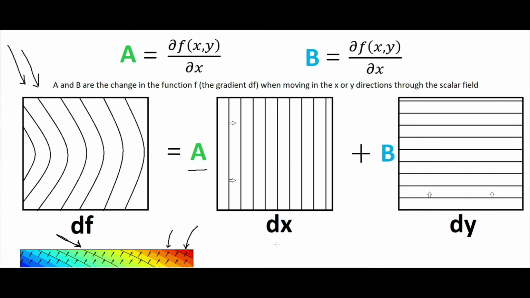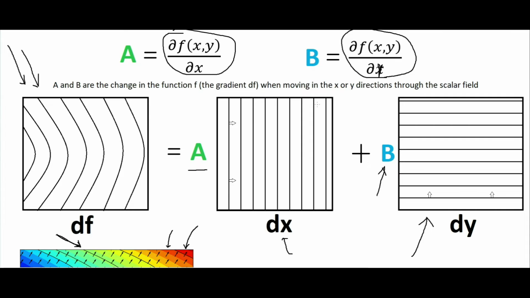But the idea is we could generate this from a linear combination of some component times our dx covector basis plus some component times our dy covector basis, and our a is actually going to be equal to the partial of our function with respect to x, and our b is going to be the partial of our function with respect to, well, this should actually be y right here, not x.